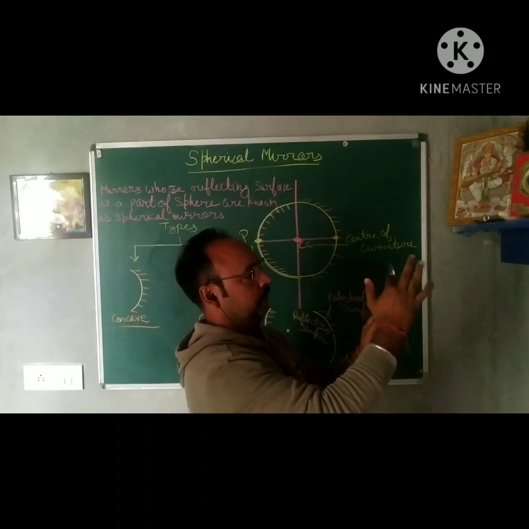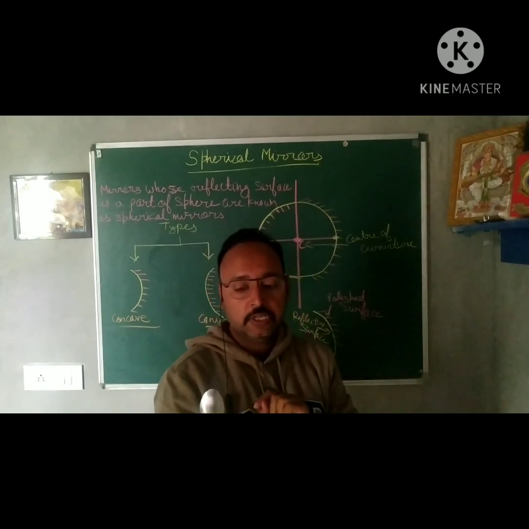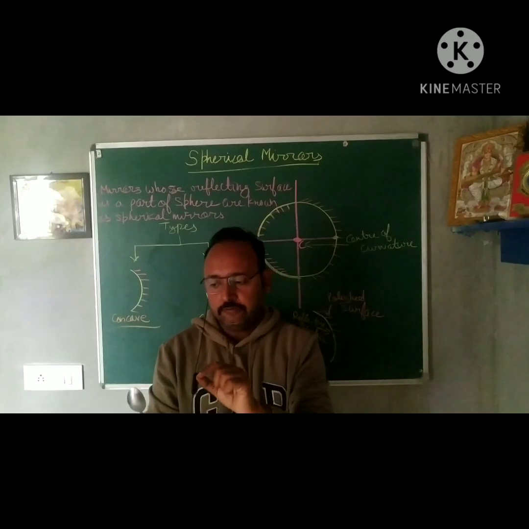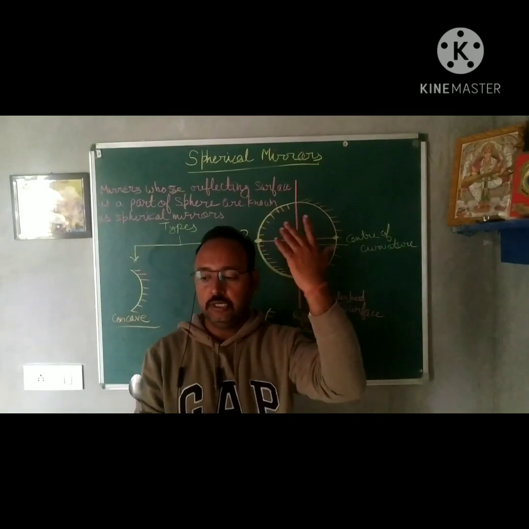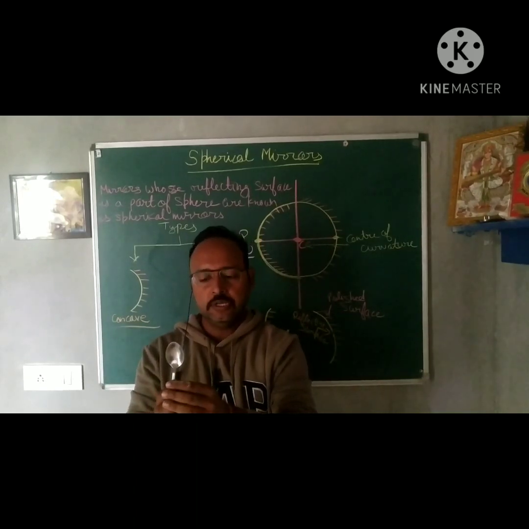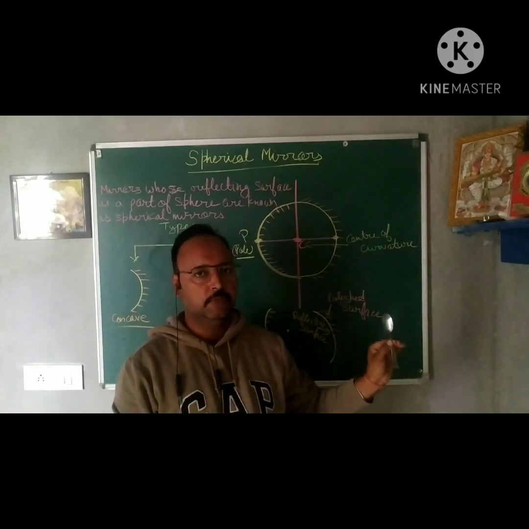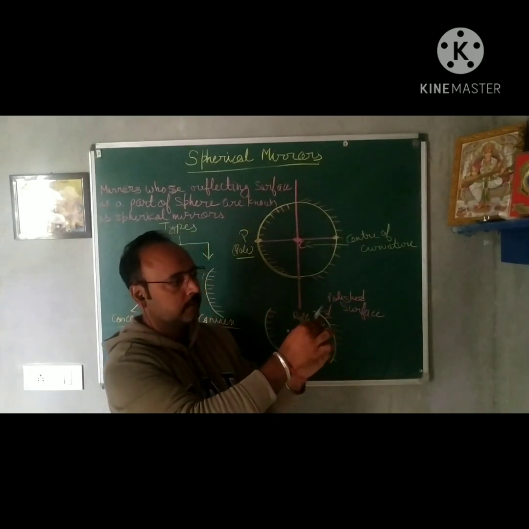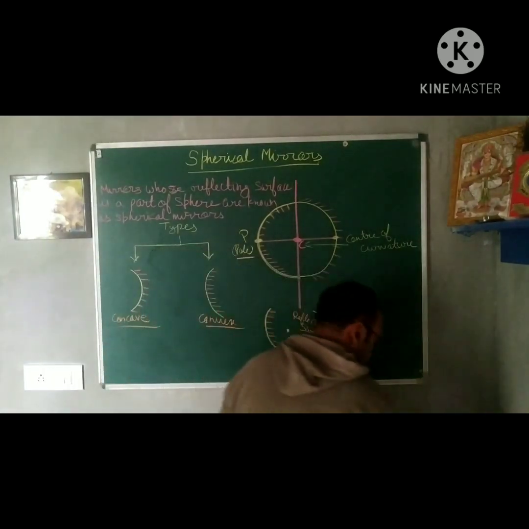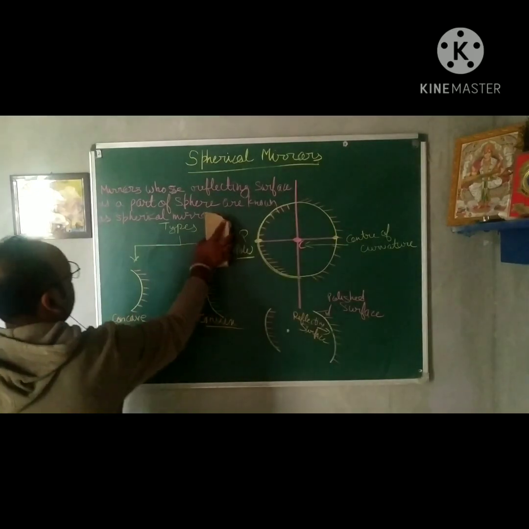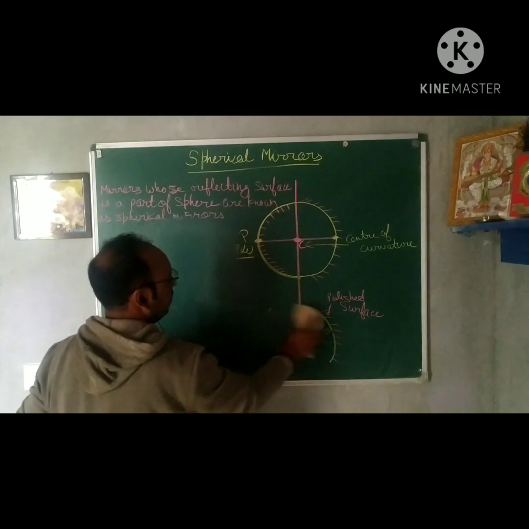If I look at this surface, I am looking at a concave mirror, and very interesting, if you try to visualize yourself in the inner surface, you will see a different kind of image, head down and legs in the upward direction. On the other side, if I look at that outer portion, that is a convex mirror, right? So this is convex, this is concave. I hope till here it's very clear to everyone. Now the very important thing, which I was telling you about, the terms related to these mirrors.